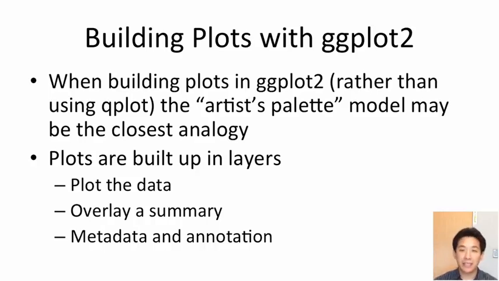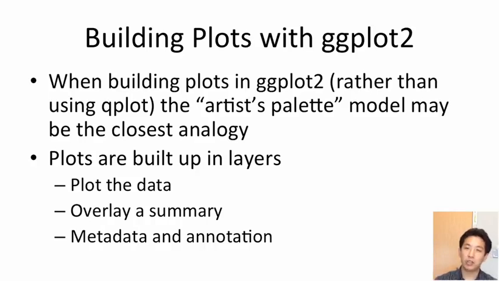So unlike the lattice system, where the whole plot is encoded in a single function call, you can start with the ggplot function, and then you add things on piece by piece, maybe as you think of them, or as you see things in the plot, you make little changes. You can add things here as you go. So the idea is that plots are built up in layers, okay? And the most fundamental layer, of course, is the data.